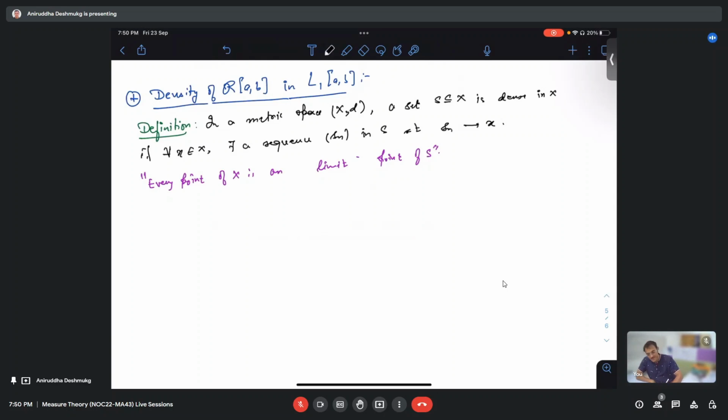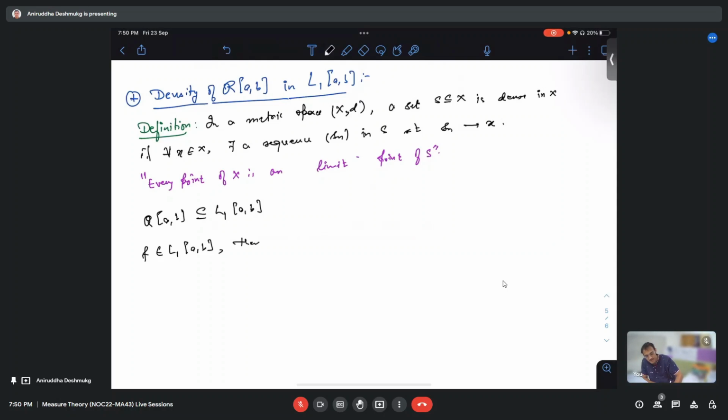We have already seen that R[a,b] sits inside L1[a,b]. So that is not a problem. What we want to prove is that every function inside L1[a,b] is actually a limit of a sequence of Riemann integrable functions.